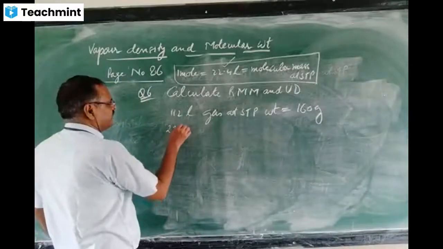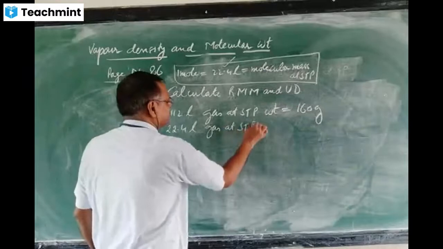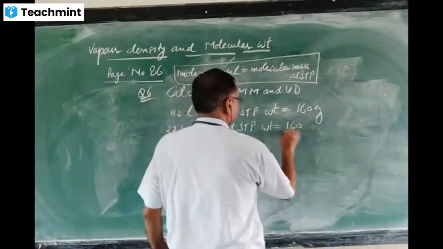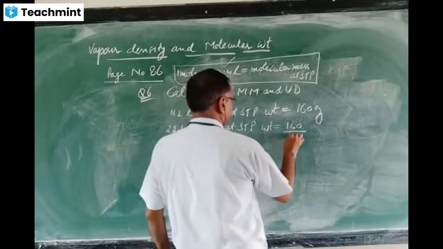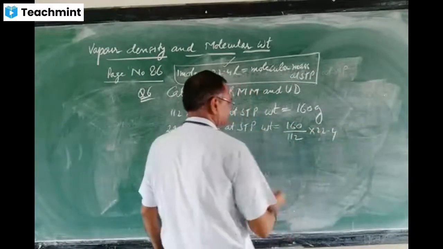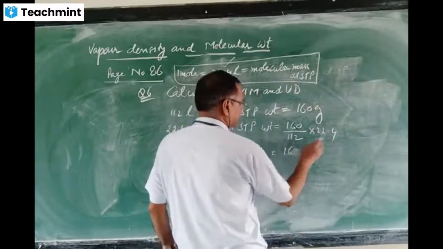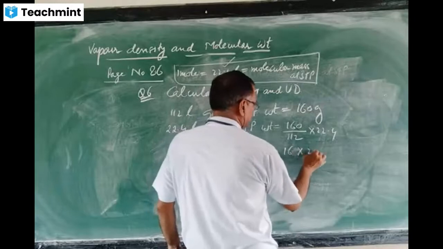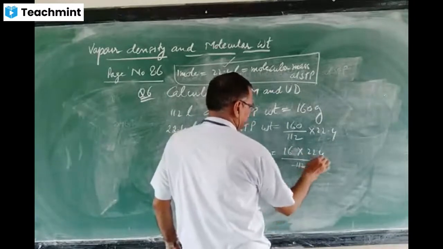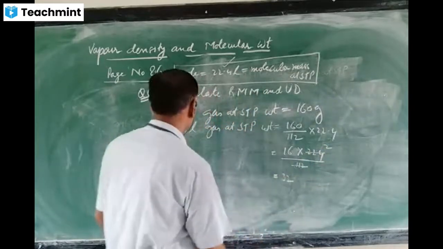Then 22.4 liter gas at STP weighs 160 divided by 112 into 22.4. Once the decimal is removed, 224 on 112 is twice, so this is 32.